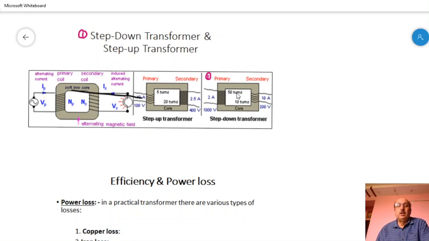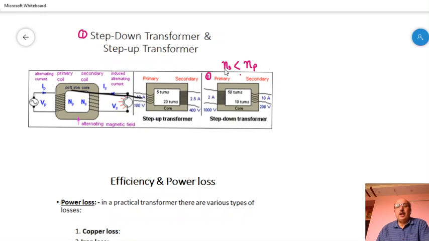It means the number of turns on the secondary side is less than the number of turns on the primary side. So here Ns is less than Np.